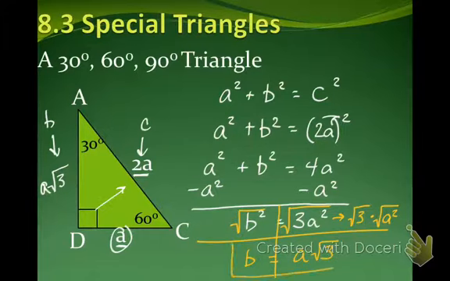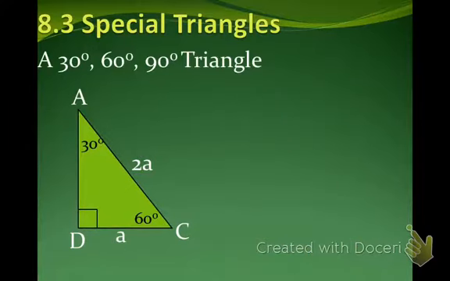And you can see this now matches up with what we already knew from our basic rules was going to be true of a 30, 60, 90 triangle. So to pare all of that down, we basically just need to know that in any situation, the side that's across from the 30-degree angle is going to be A, or S, or X, or however you'd like to think of it.